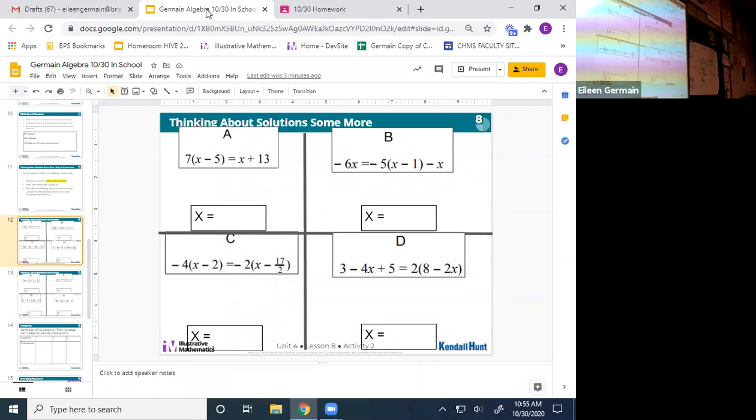Does anybody else need a piece of white lined paper? Oh, I love that you got your notebook out. Perfect. Can I move them?